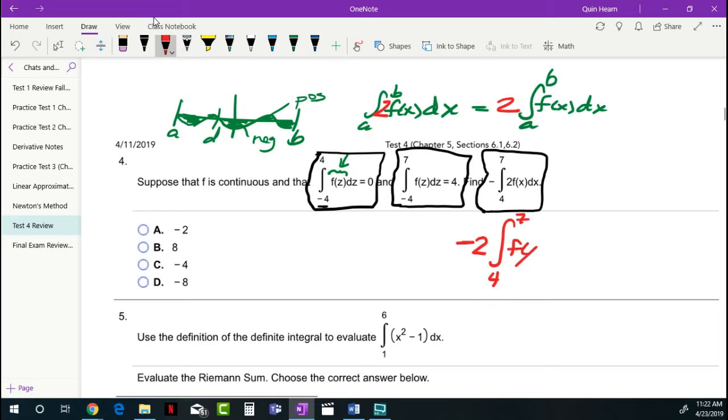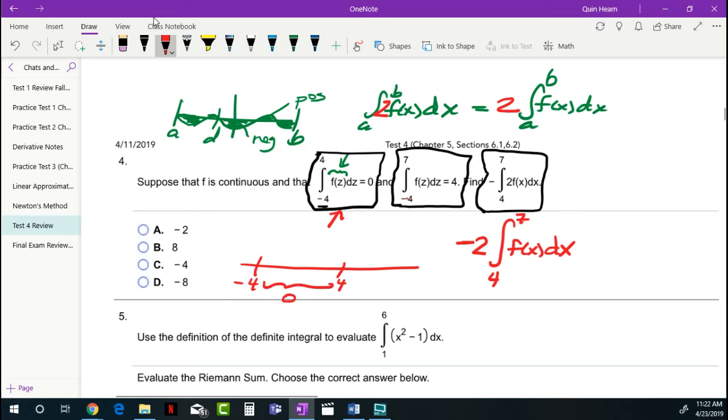They're also telling us that for that same function, the interval from -4 to 7 has a total net signed area of 4. And they want to know if, using that information, we can find the definite integral from 4 to 7 of -2 times f of x dx.